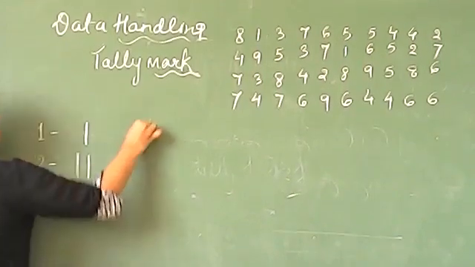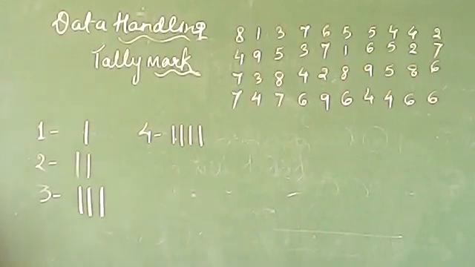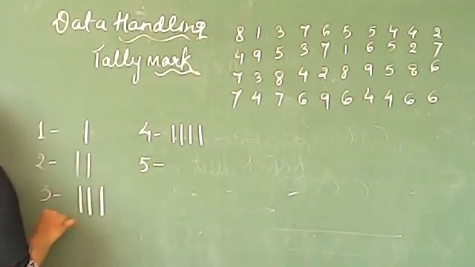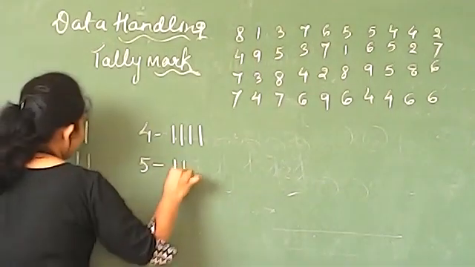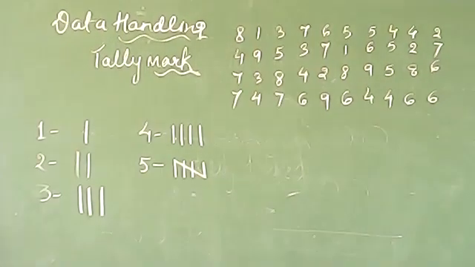For 4, the same standing line is repeated 4 times. But if we have to write 5, we will not write 5 lines. We will write 4 and then cut the lines in this way.